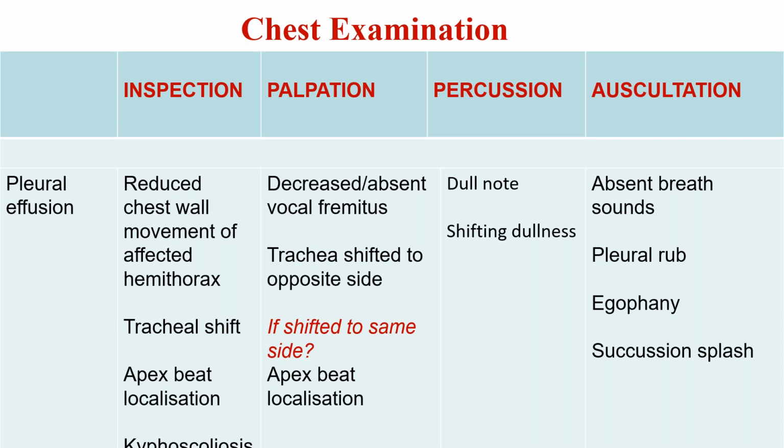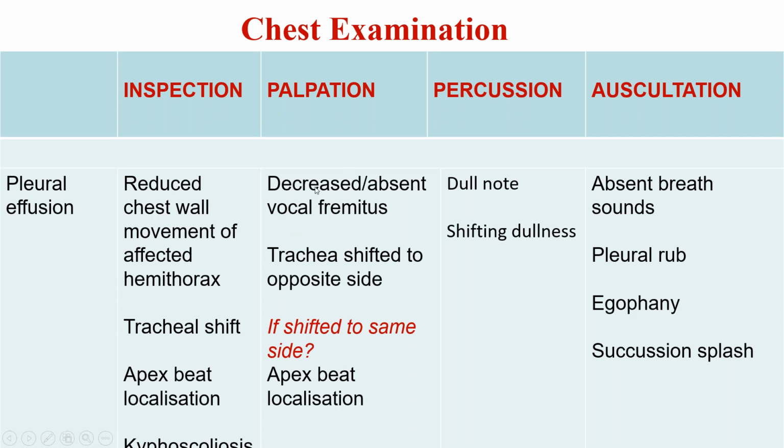What happens? On inspection, there is reduced chest wall movement of the affected hemithorax. You can see the trachea shifted to the opposite side. Look for the apex beat localization and look for kyphoscoliosis.